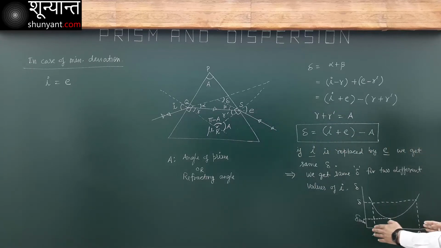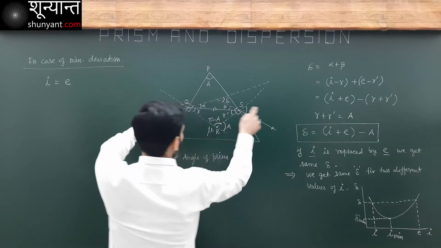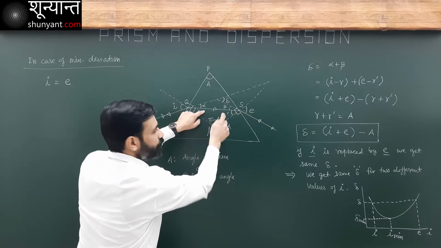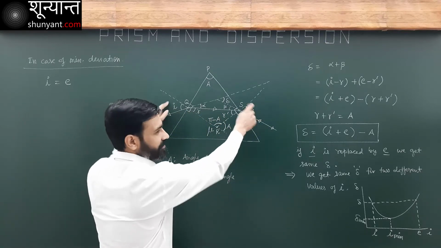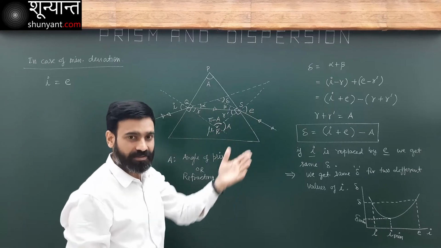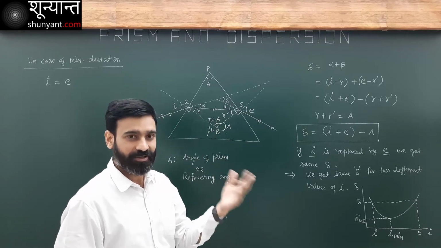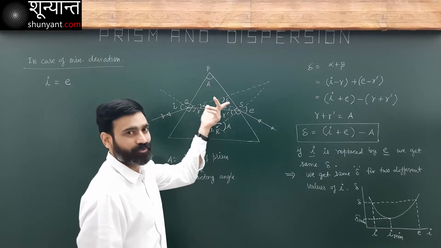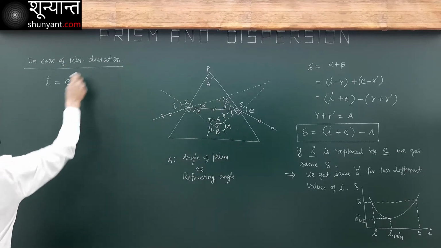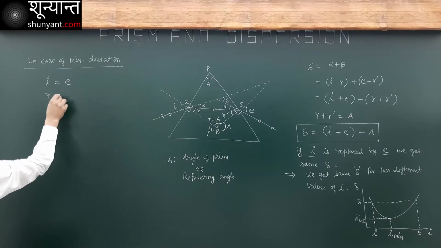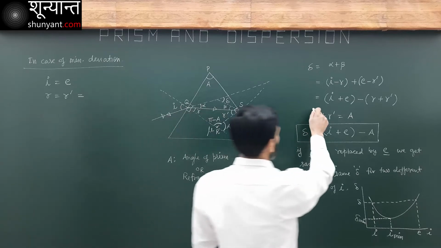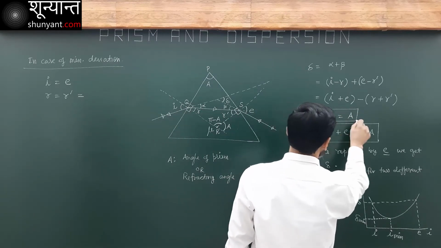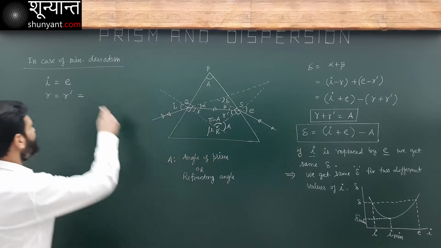For this case, both become the same value, so I is going to be equal to E. Now if I is equal to E, then these two, R and R dash, are also going to be the same. I don't need to explain it further. So in case of minimum deviation, I is equal to E and R is equal to R dash. R plus R dash is equal to A, so both are equal. They will be equal to A by 2.